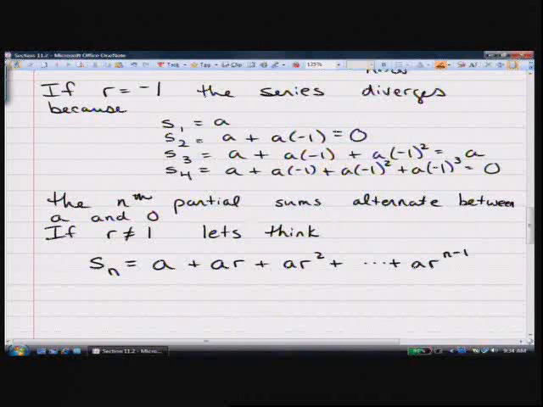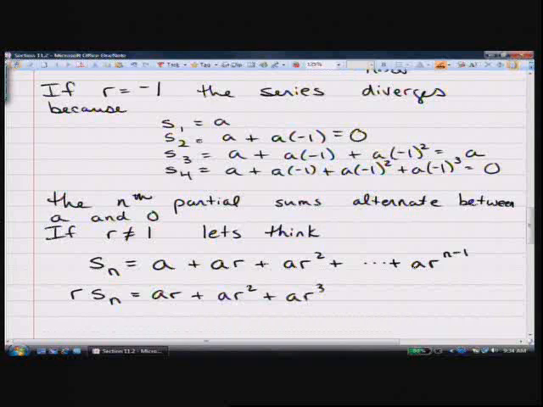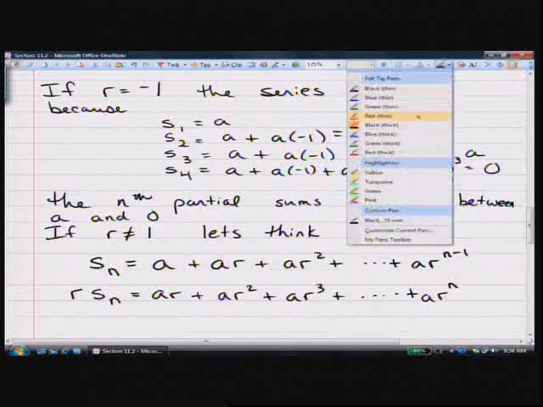Now, just for fun, and this is just being clever, let's multiply both sides of this equation by R. So I'm going to say R times S sub n equals A times R plus AR squared plus AR cubed, continuing on, and this will be A times R to the n. Okay, so this is just a little trick.